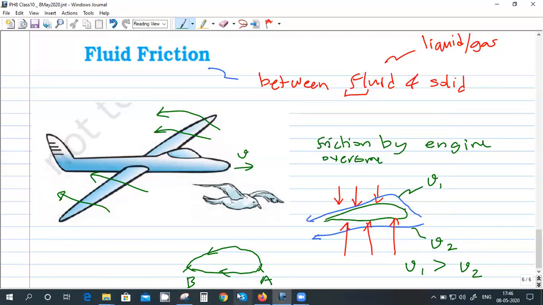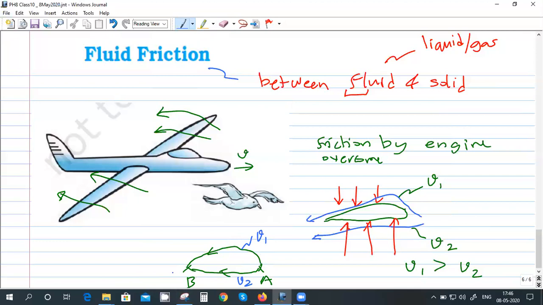Time is the same in both the cases. So the time to go from A to B is the same in both the cases. But V1 is taking a longer path and V2 is taking a shorter path.